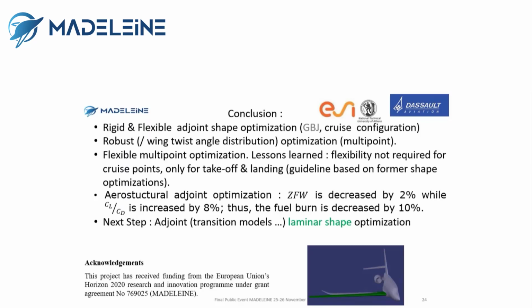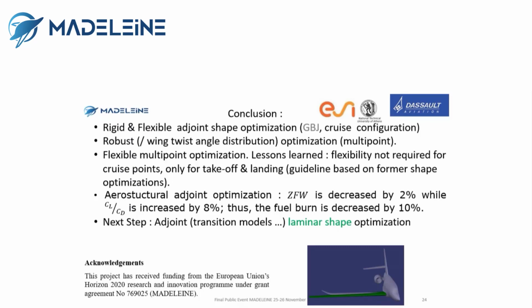The approach, both at Dassault and for NTEA, for the flexible adjoint was an uncoupled approach, so with a fixed point approach, both for the nonlinear fixed point, but also for the adjoint computation. From an industrial point of view, it was the good choice.